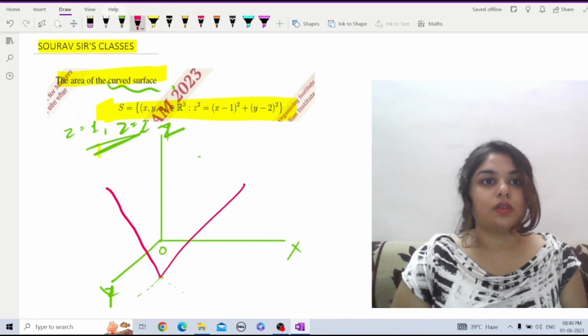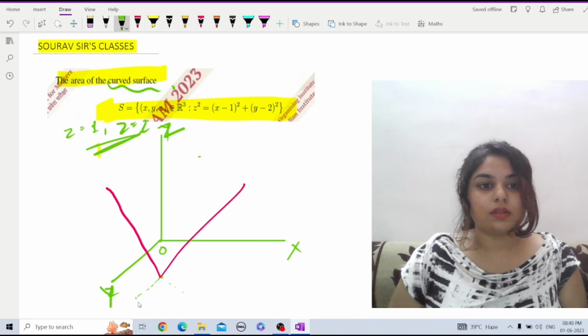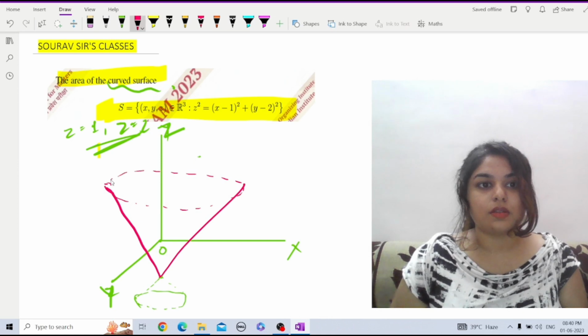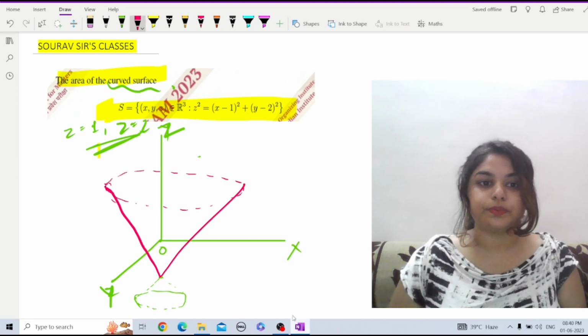If we join it, this is the cone here. So this is how we have drawn the cone.